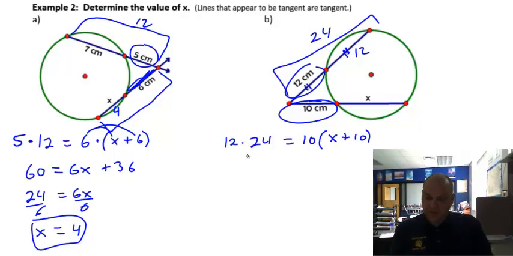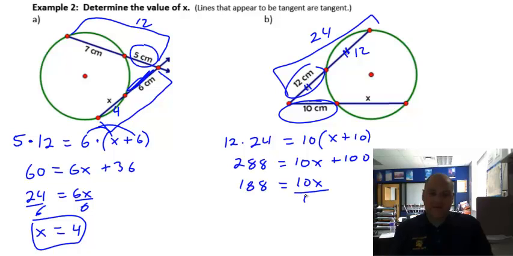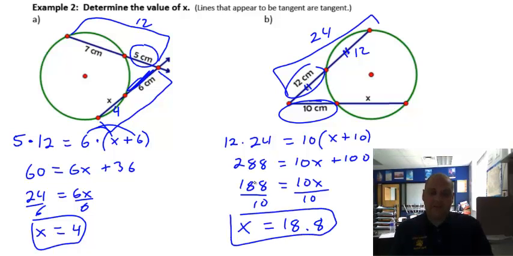So this is going to be 288 equals 10x plus 100. Subtract 100, you get 188 equals 10x, and then divide by 10, and that's going to be 18.8. So 18.8 centimeters would be the length of x.